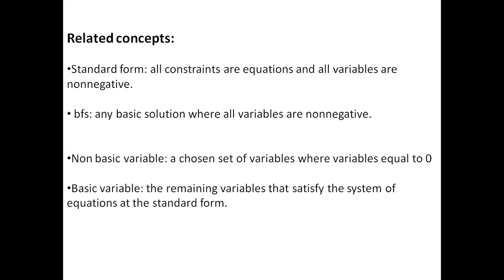So what are the basic variables here? The remaining variables which satisfy the system equations in standard form. When the standard equations have been identified with respect to the given constraints, those variables are called basic variables.